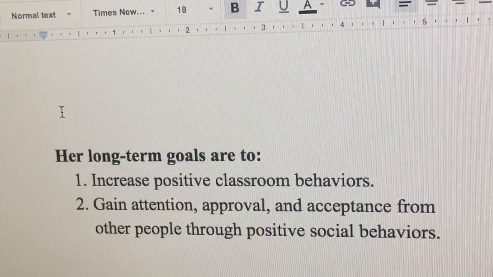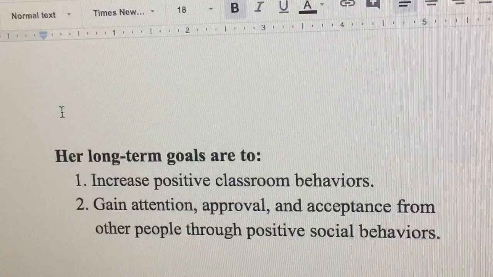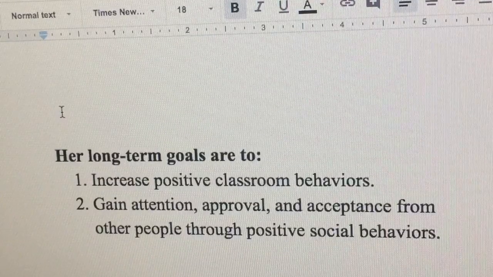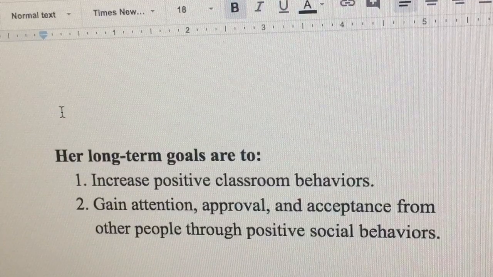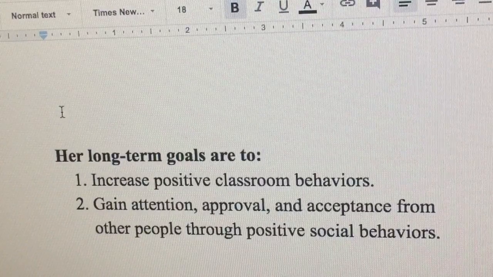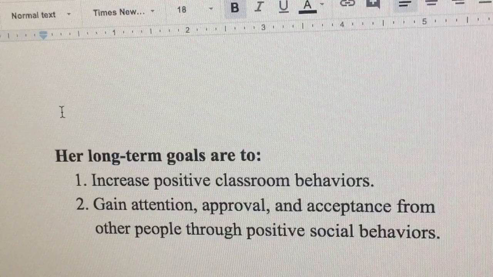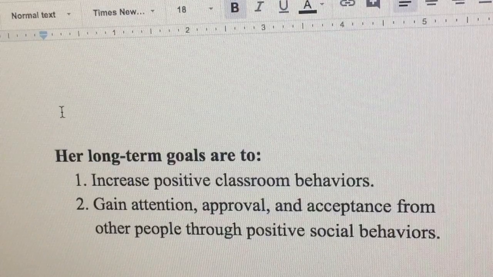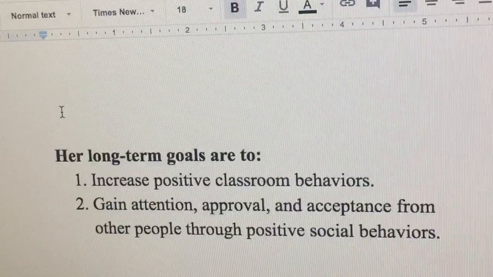Seeing success with day one, I worked on a plan to share with Molly and her other teachers. Her long-term goals are to increase positive classroom behaviors and to gain attention, approval, and acceptance from other people through positive social behaviors.